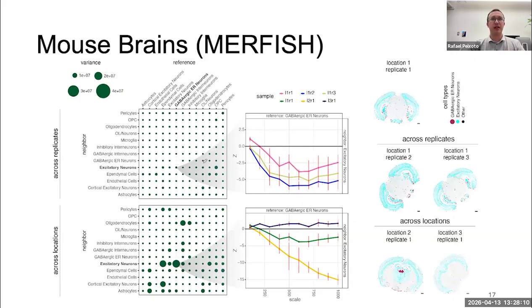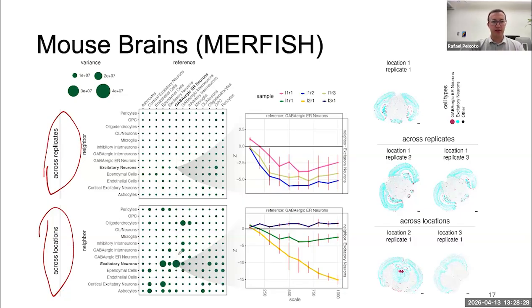Here we are looking at the variance across replicates, so tissue slices that were sectioned from the same location of the brain, and here we are comparing locations within the same mouse.